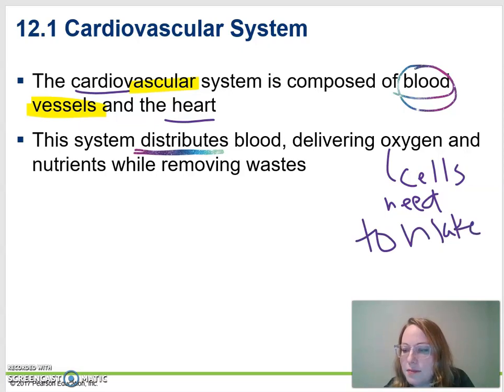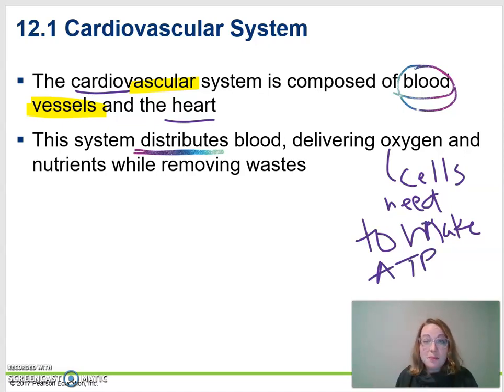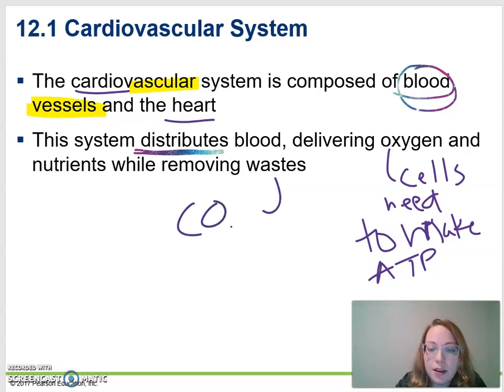Make ATP, right? Energy. Well, make do. Okay. And so then what comes out of that process? Cellular respiration. We make energy, but also carbon dioxide, right? So wastes that we remove: carbon dioxide, nitrogenous wastes, a lot from muscle contractions and just regular cell work.